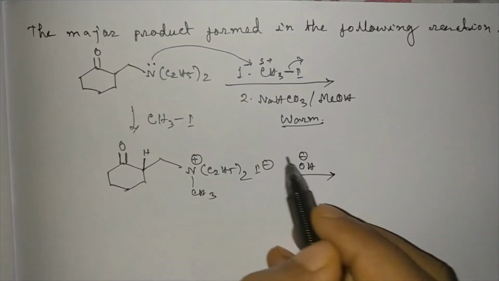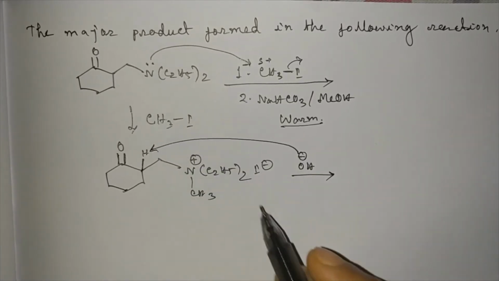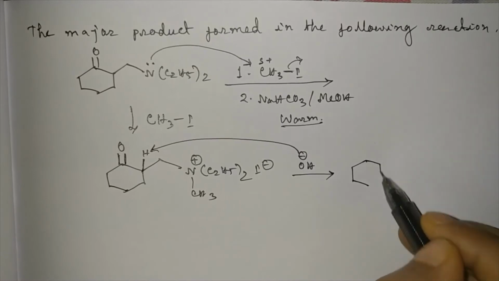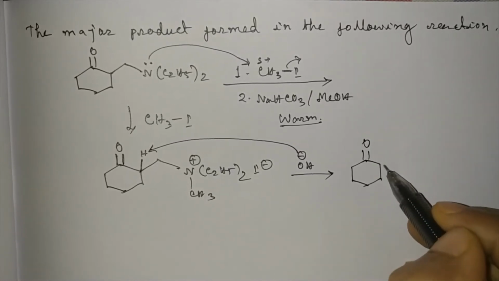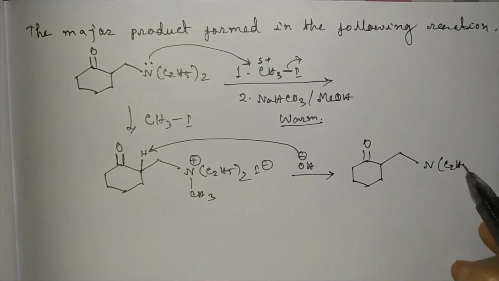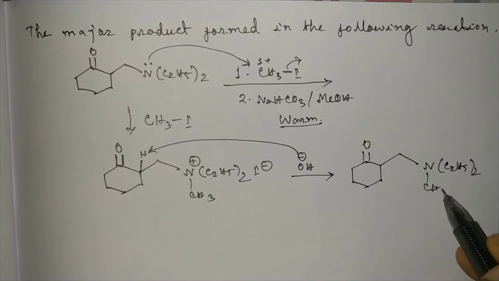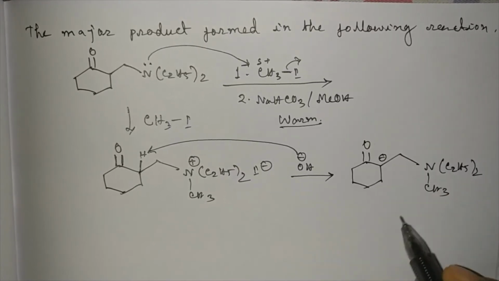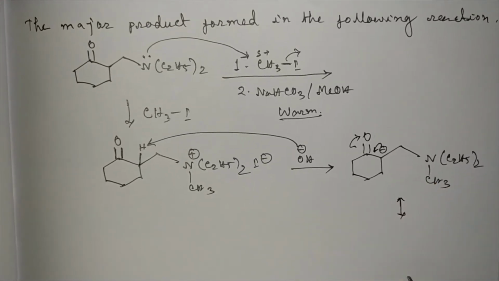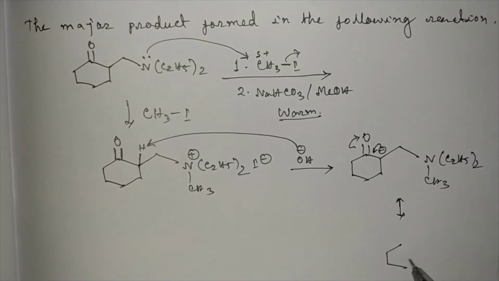So this OH minus will take this proton and the conjugate base will be formed. Now this is a stabilized anion, so it will undergo resonance with this carbonyl group.